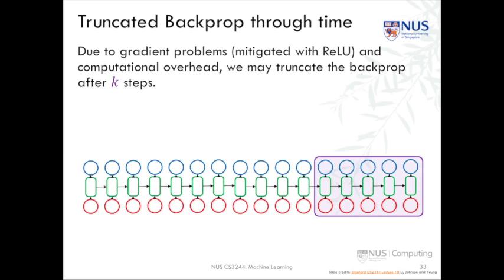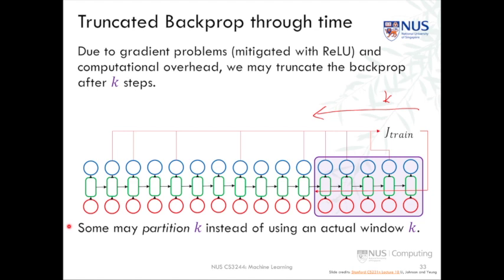What we do practically is run backpropagation, but truncate the number of states that the backprop affects. We may decide after getting the training loss here to only backpropagate through a number of different time steps.